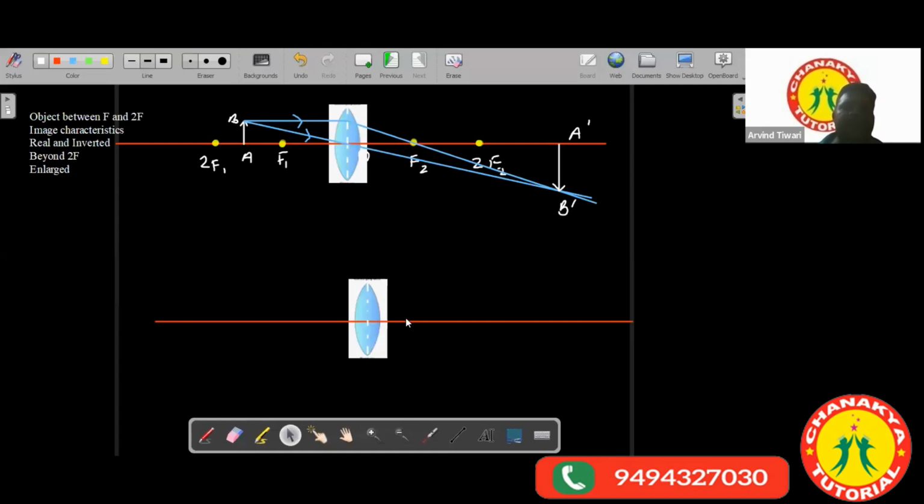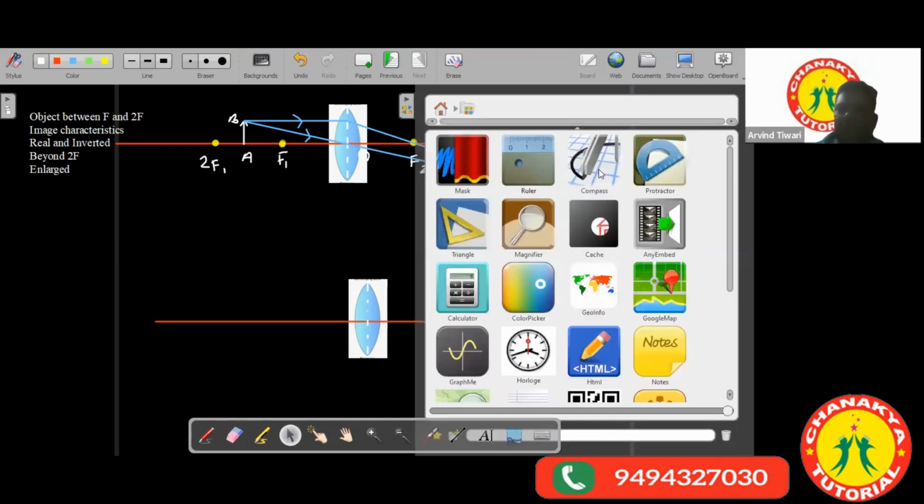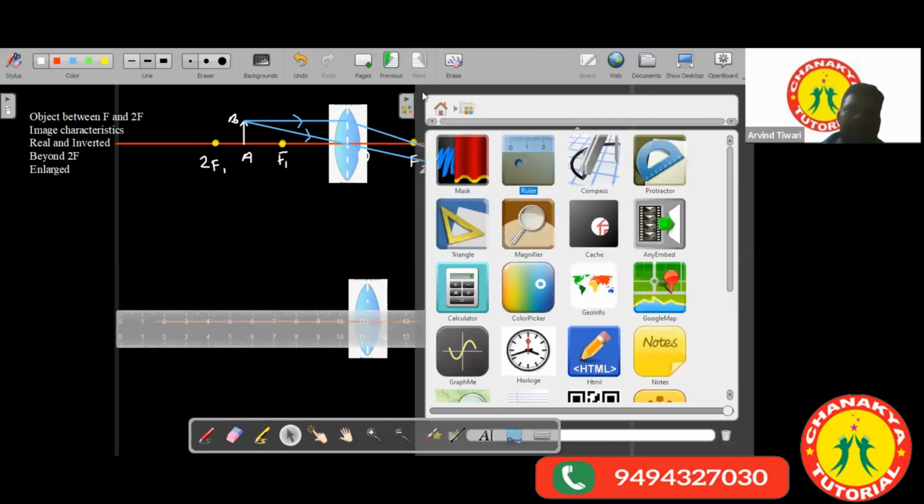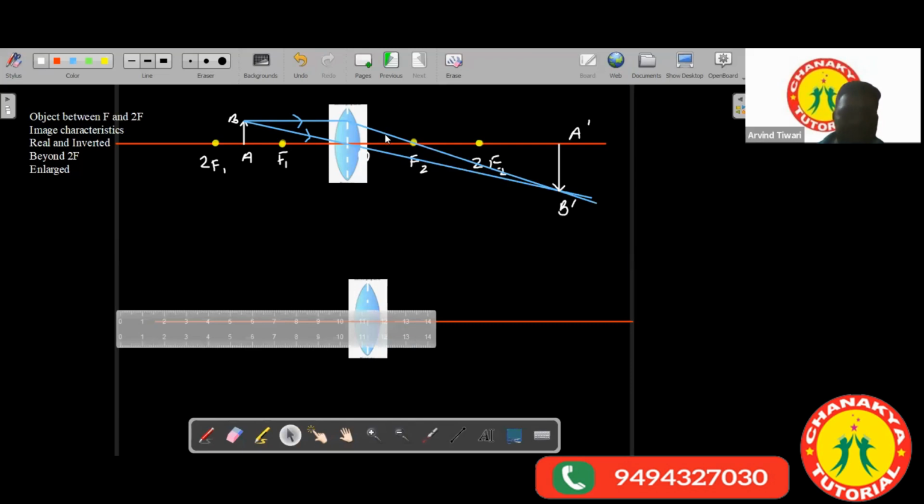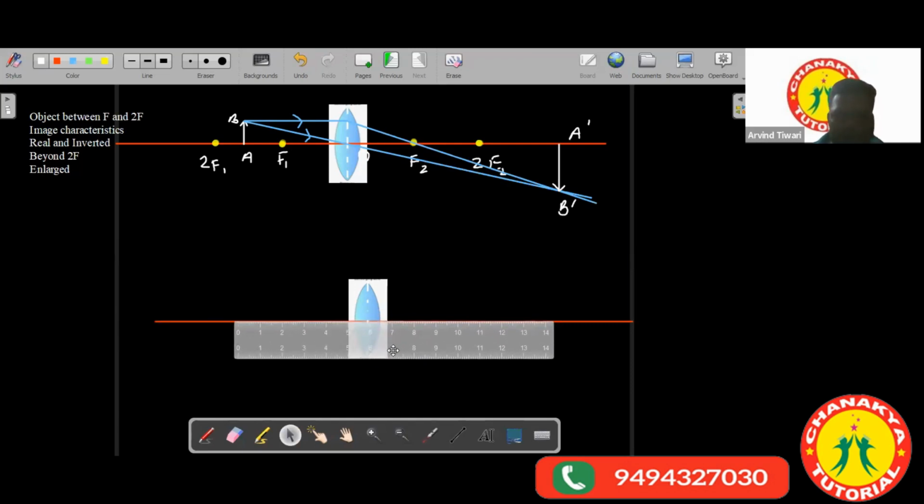So here we observe that if you take a ray of light, sorry, let's first make our focus and everything. Let's make focus. You see, you have to measure them properly. Like, see, I'm placing it up.